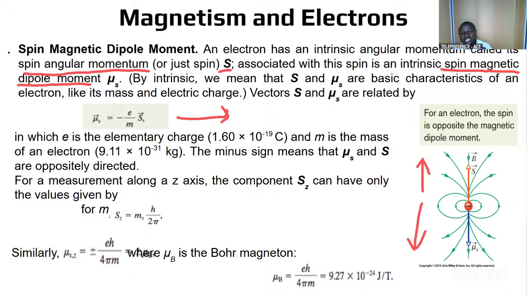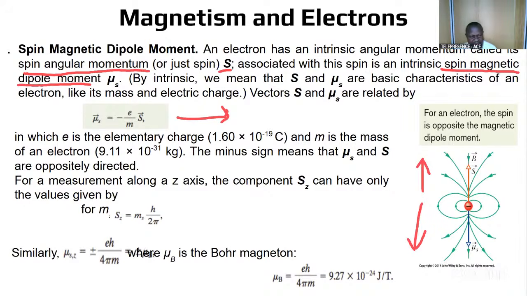Associated with this angular momentum is the spin magnetic dipole moment. The two are related by this equation, where E is the elementary charge, M is the mass, mu S is the spin magnetic dipole moment, and S is the spin angular momentum.